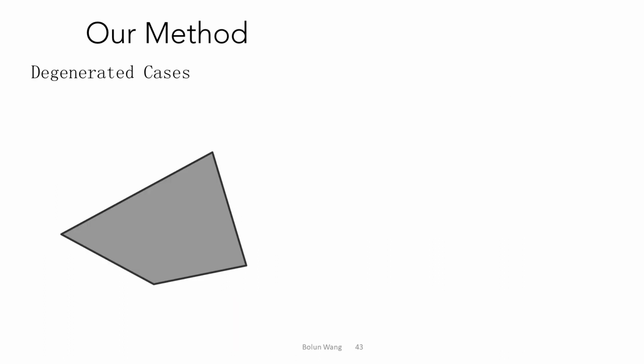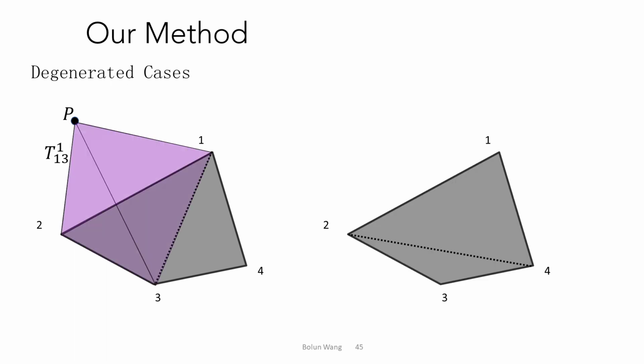We propose a simple method to enumerate all the degenerate cases of a bilinear patch. We first enumerate the four vertices from 1 to 4. Then we can find the point P which is not coplanar with a flat patch. We can construct 4 tetrahedrons by connecting P with 3 of the 4 vertices.